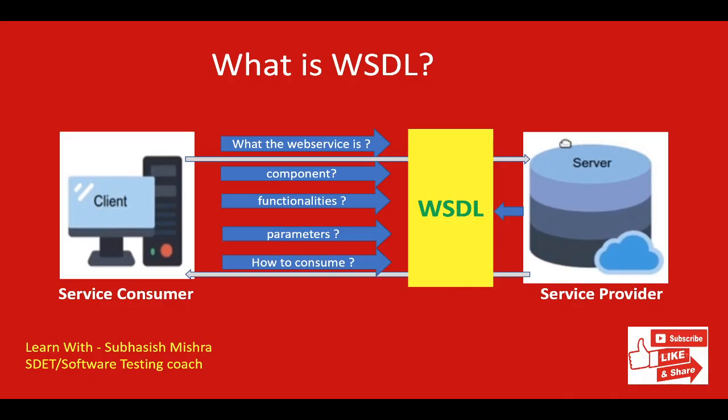So WSDL is an XML based interface for the web services which describes all the attributes and functionalities of the web services. It is XML based because it will be machine readable and we can use some tools and programming language to parse this document and generate the request and response structure.